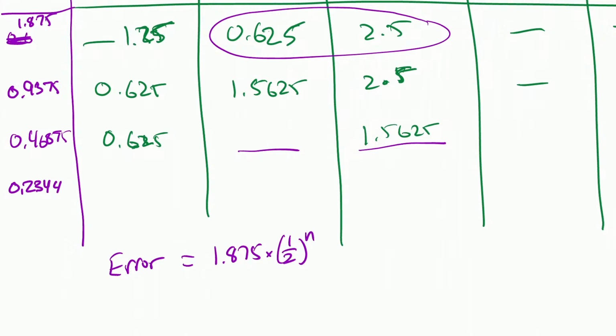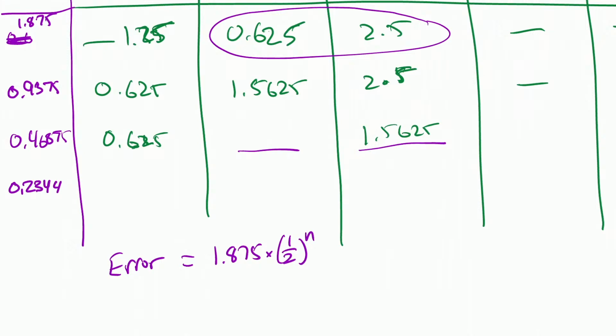I guess technically it would be the whole interval times 1/2 to the nth power. It's fine. Technically you would want to start with the entire interval, which would be twice this. Doesn't matter. But anyway, this is half of 1.875. That's another half, which is 1/2 squared, and so on.